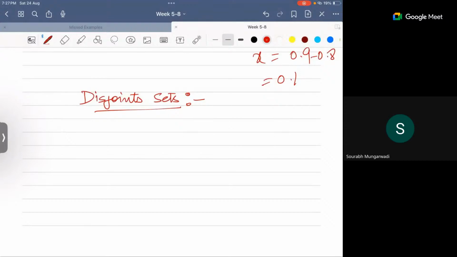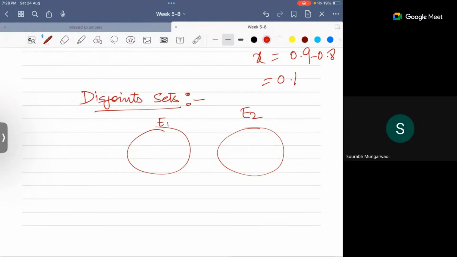If there are two events occurring, when do you say they are disjoint? With the Venn diagram, for example, this is event E1 and this is E2.